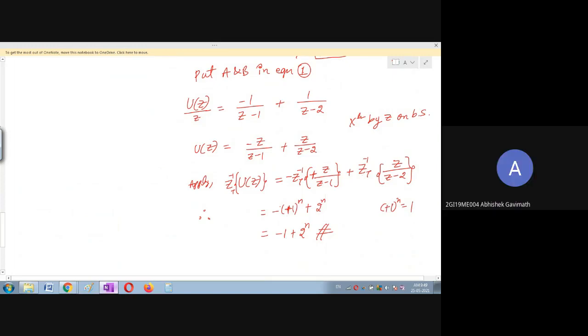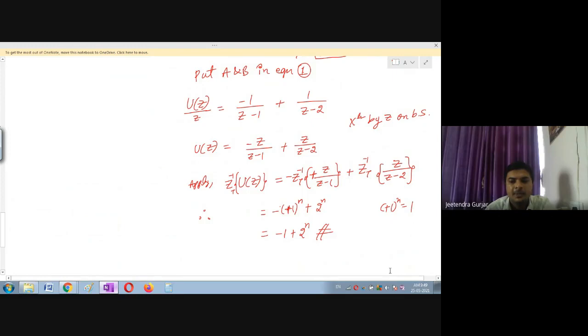Yes, sir, right. Thank you for reminding me. I have taken it 2 times. See, one minus is outside, I have written here, and this is plus. I made it here, but I have written continued here. Okay, so please make a note. This is minus 1 plus 2 raised to n, students. Yes, still any doubt?